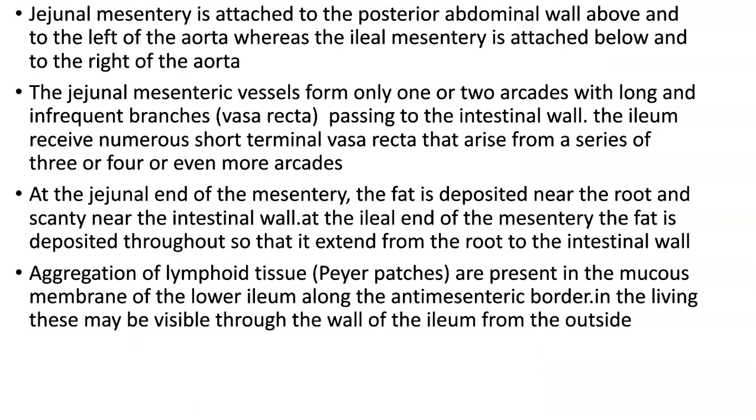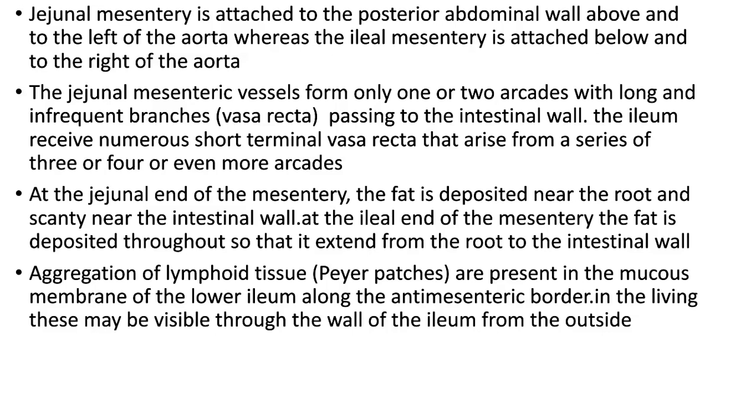The jejunal vessels form only one or two arcades with long and infrequent branches called the vasa recta passing to the intestinal wall. The ileum receives numerous short terminal vasa recta that arise from a series of three, four or even more arcades.